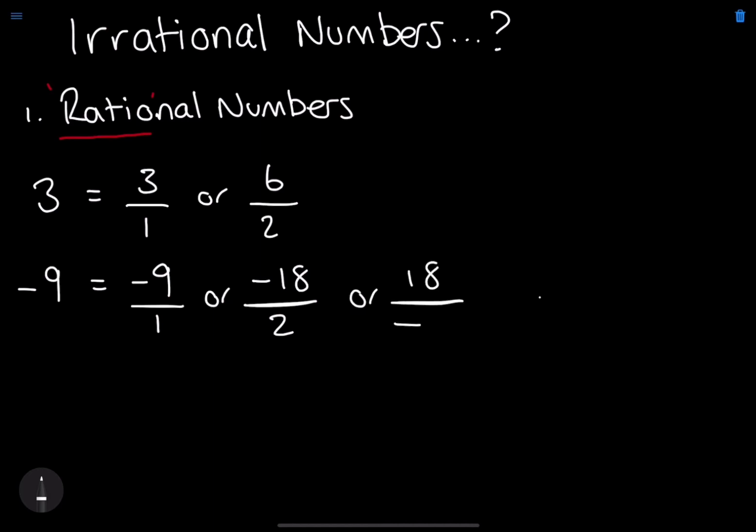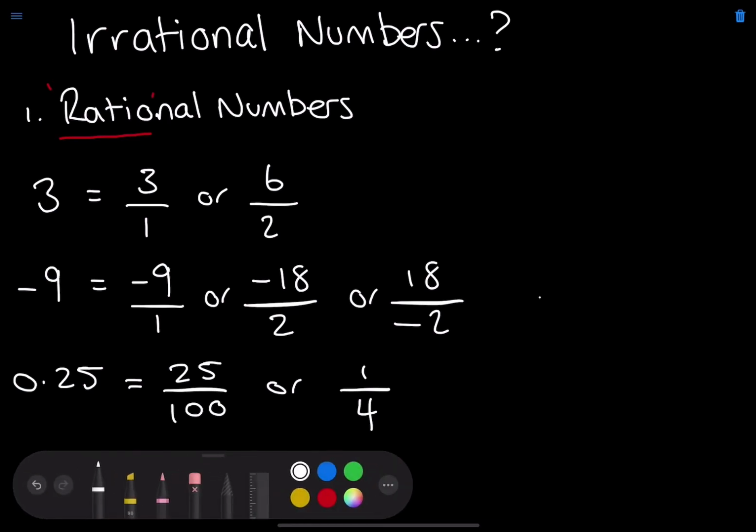Again, this is just expressing the same number, minus 9, as a simple fraction. So let's take 0.25. This can be expressed as 25 over 100, or 1 over 4, or a quarter. Again, all of these can be expressed as a simple fraction, so they must be rational numbers.